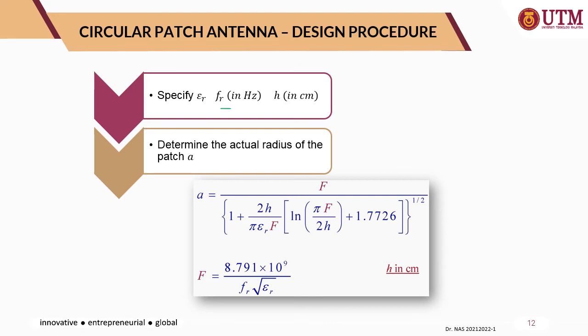Next, we need to determine the actual radius of the circular patch. So we need to figure out the factor F by using this equation. Fr is the resonant frequency, while epsilon r is the dielectric constant, or the relative permittivity, of the substrate.